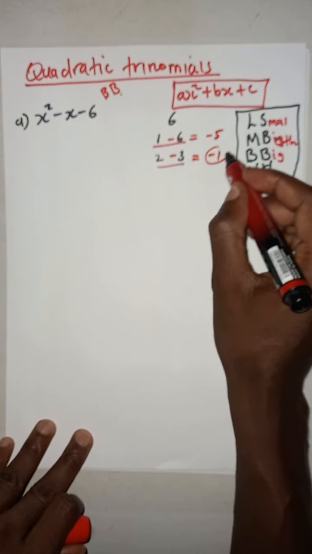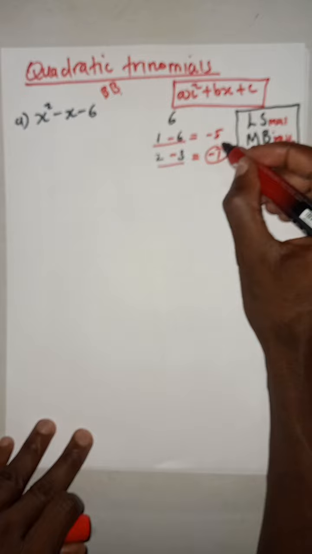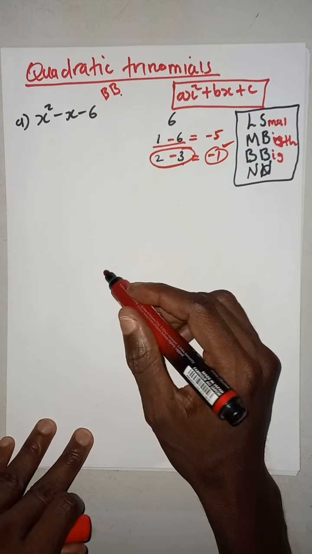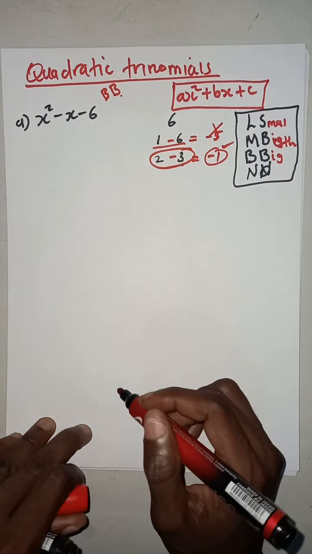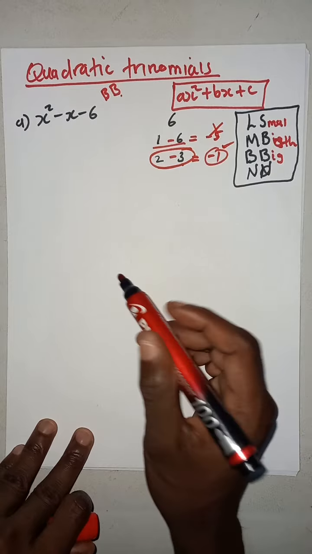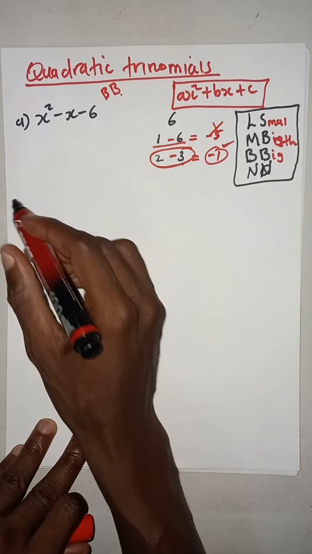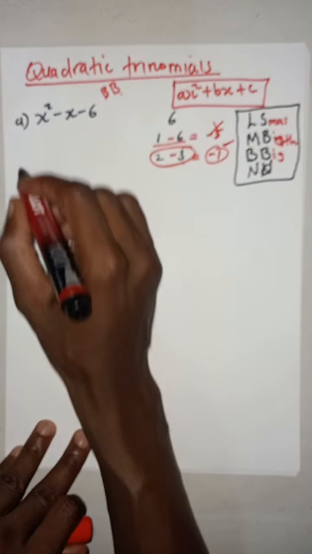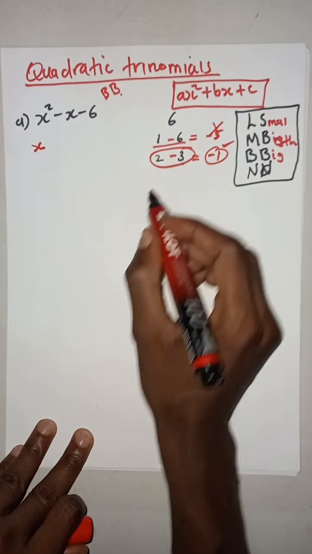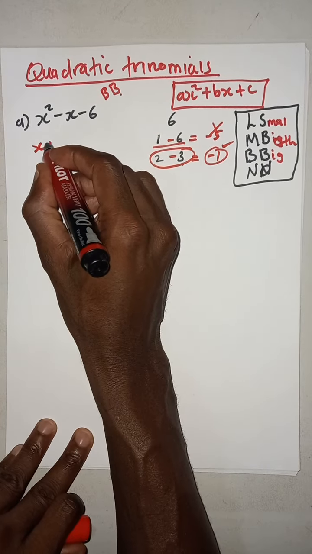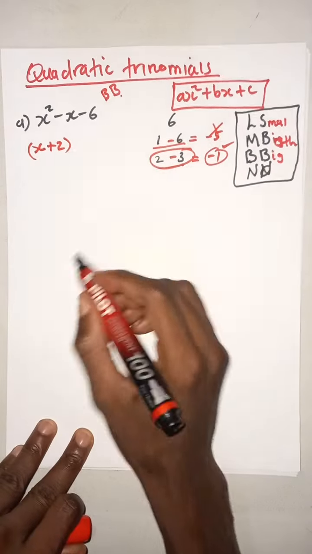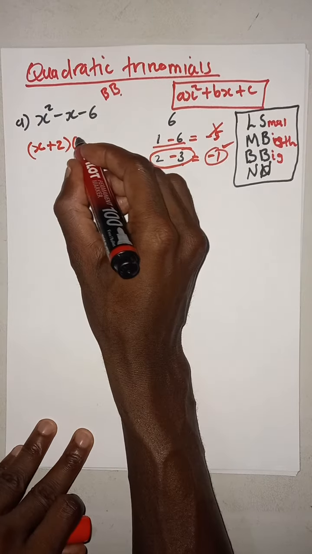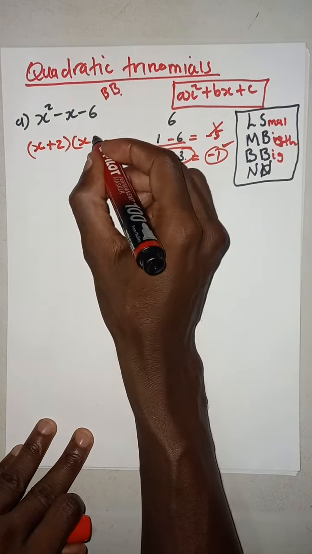So negative 1 is the value which is at the middle, which means this is the value that I'm going to take. This one, I'm not going to take. Then it's very simple. Since I have x squared, I'm going to write x positive 2, and the next one, x minus 3.